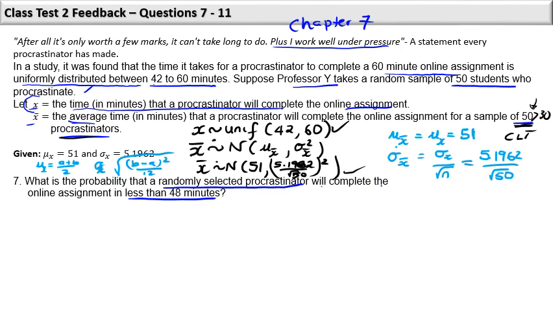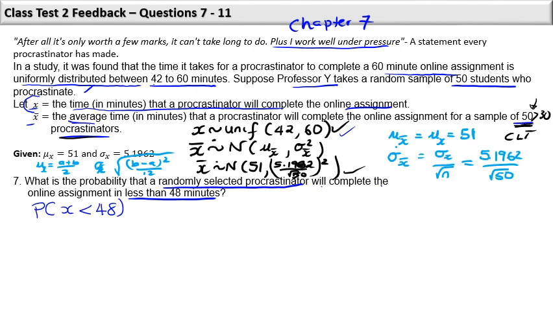And how did we say this? We said for when answering these questions, the first thing you need to do, golden rule, is you need to go and write your probability statement. So you will agree with me, we are trying to calculate the probability that x will be less than 48. We have been told that x follows a uniform distribution.